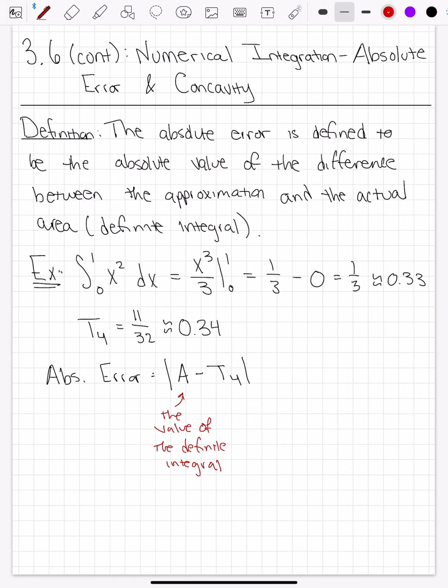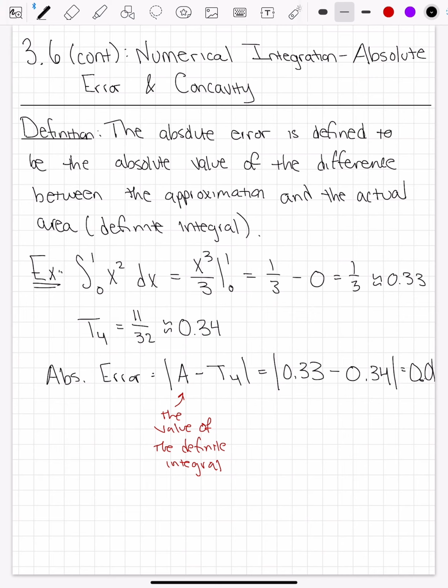So for us, we got 1/3, or 0.33 minus 0.34. So then we end up with 0.01, which is a really small error. So we see that trapezoid rule works really well, even when we only have 4 trapezoids.